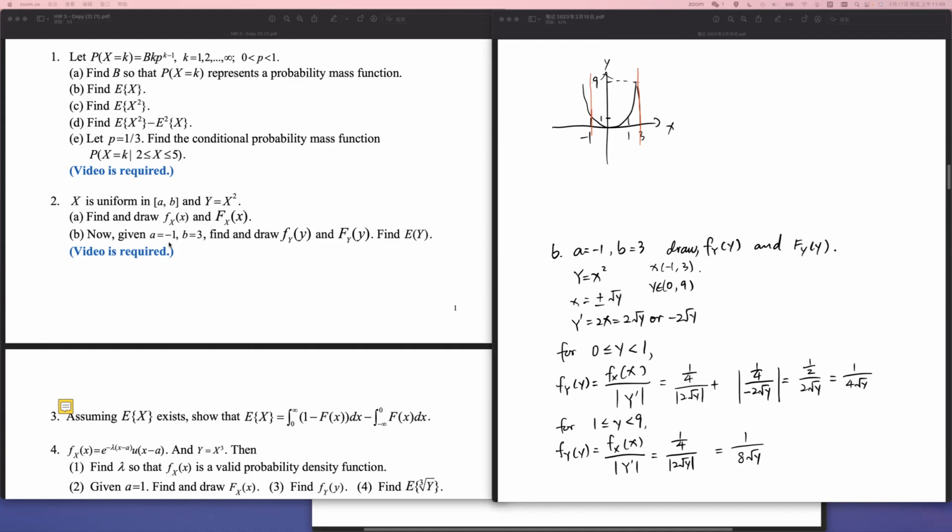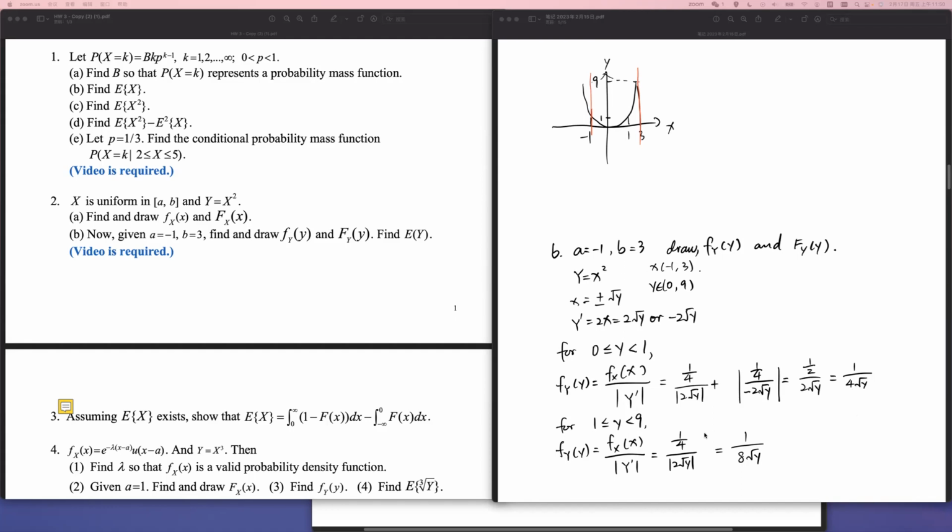So 3 minus -1 equals 4, and 1 over 4 is f_X. So f_X is here, and the derivative of y in absolute value should be 2 square root of y. When we plug them together, we get 1 over 4 times square root of y. This is the case when y is between 0 and 1, and there's another case when y is greater than or equal to 1 and smaller than 9.